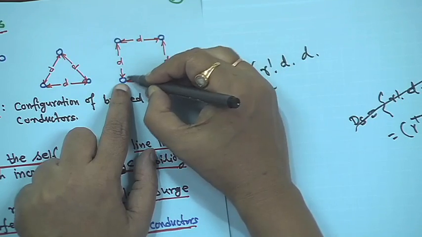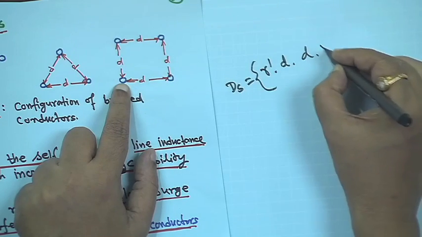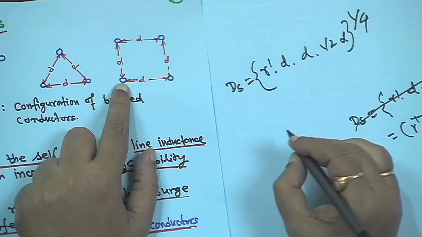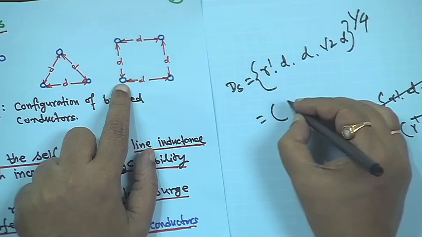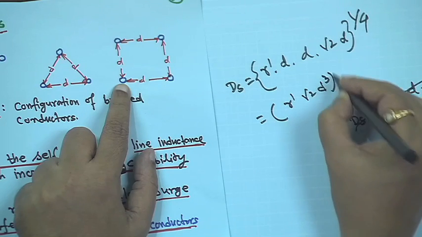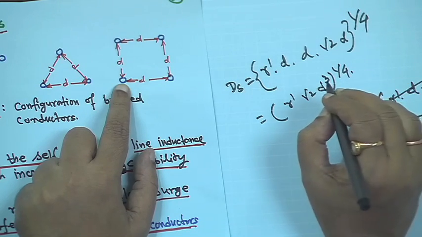The diagonal distance will be root 2 d, all to the power 1 by 4. That means ds will be r dash root 2 d cube to the power 1 by 4.